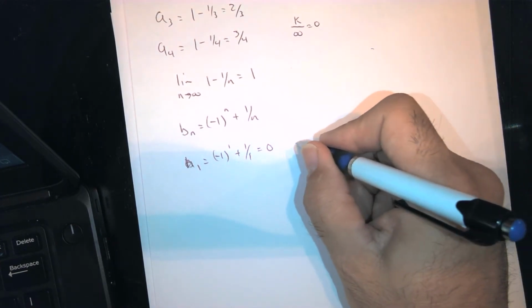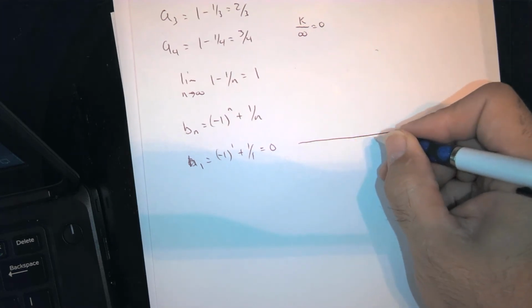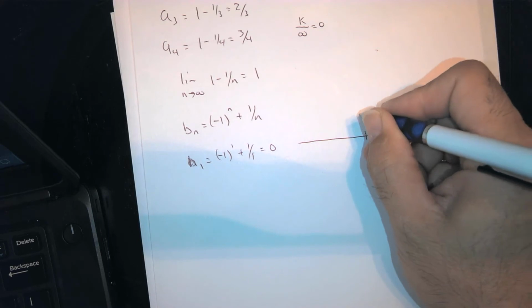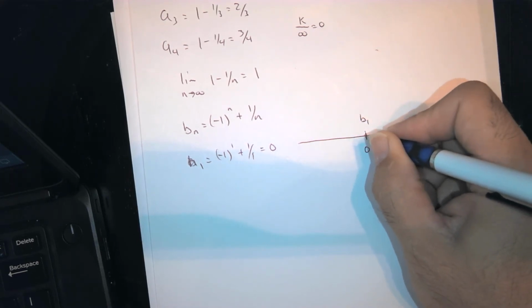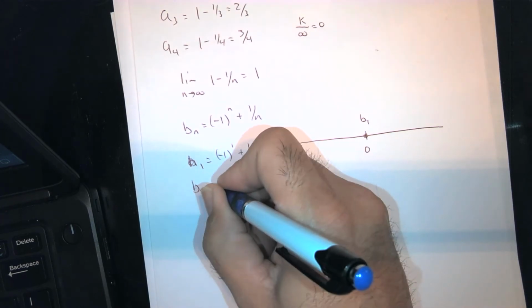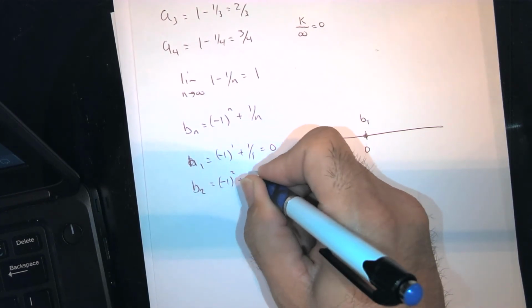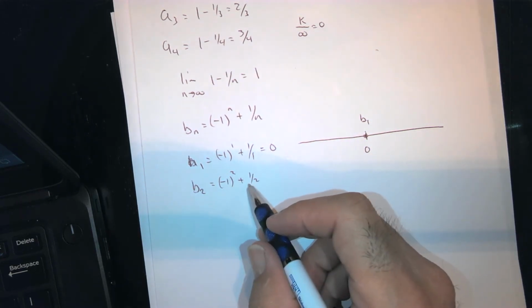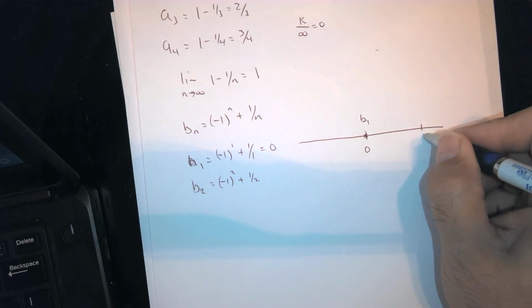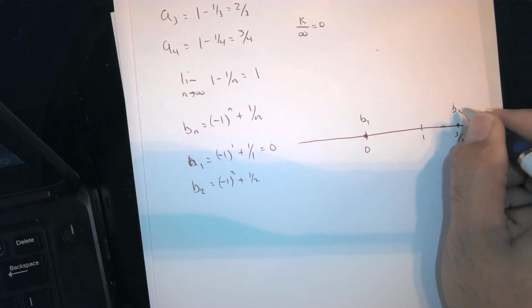So if we were to plot this, b sub 1 is going to be 0 right here. Let's find out what b sub 2 is. So you have negative 1 squared plus 1 half, and negative 1 squared is 1, plus 1 half, that's going to be 3 halves. So this is 1, out here is 3 halves. So we're right here, and this is b sub 2.